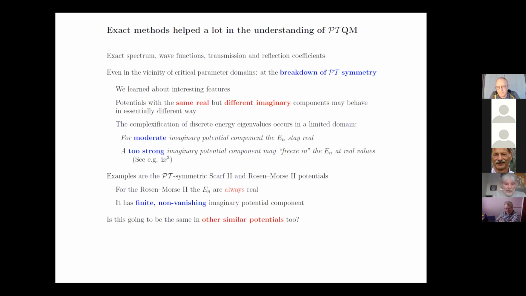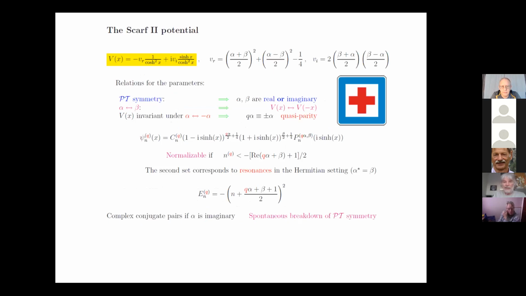So, okay, in the Rosen-Morse case, there is a finite non-vanishing imaginary potential component, and it is very different from what we have usually. Okay, so let me show you first the Scarf II potential. This is the best and most favorite example for PT-symmetric studies.